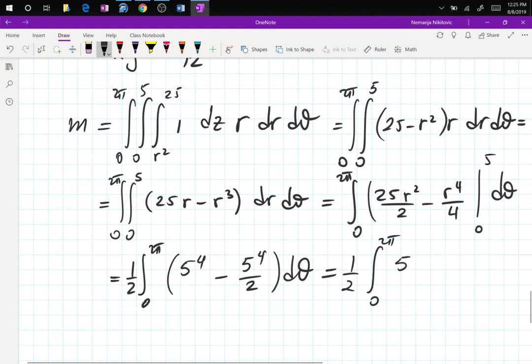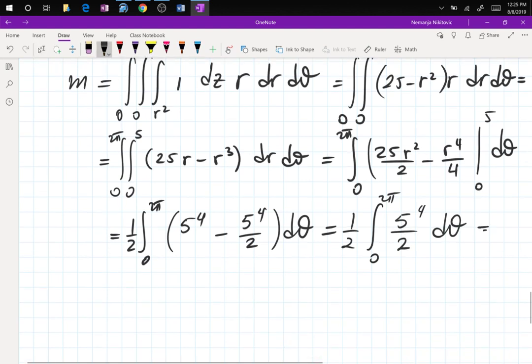It's going to be 5 to the 4 over 2, d theta. So that's 1/4, well, 5 to the 4 over 4 times 2 pi is going to be 5 to the 4 pi over 2.